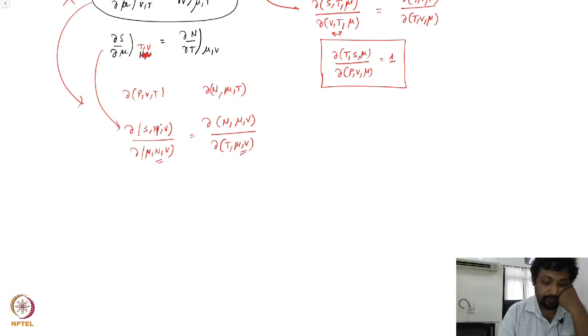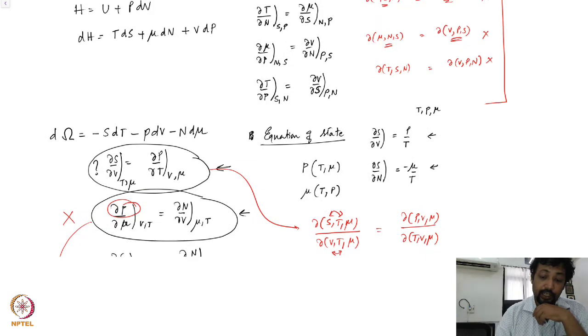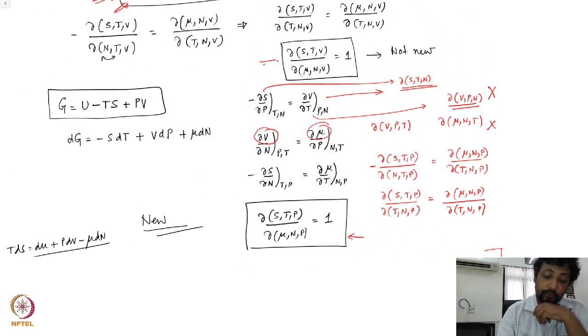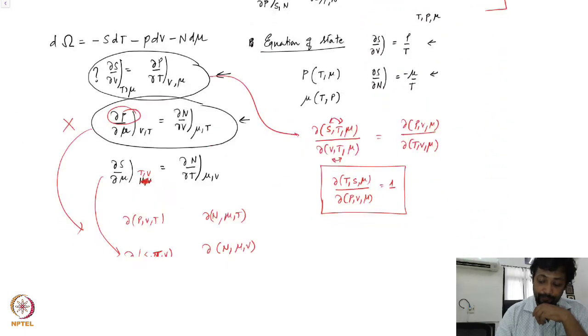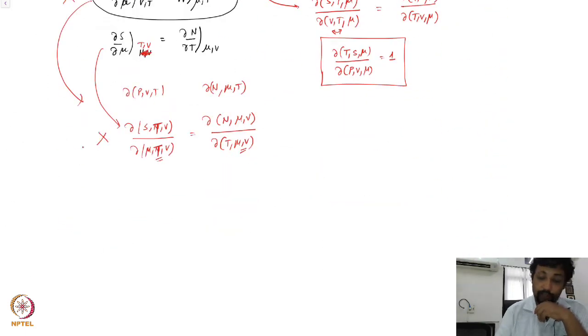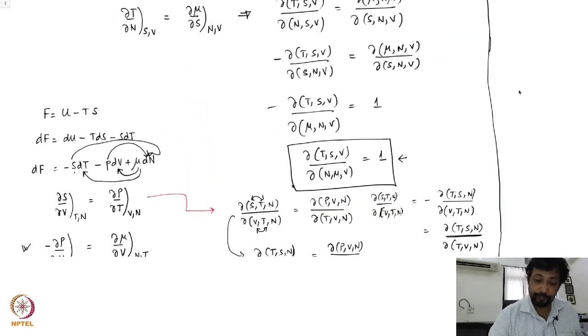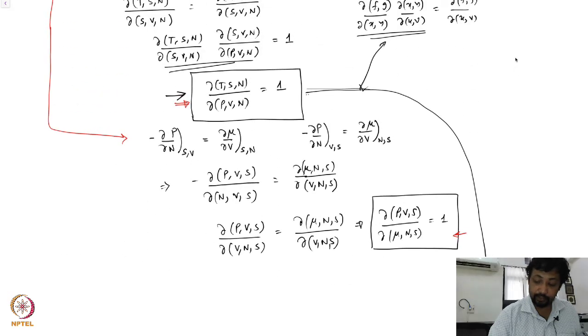Therefore I have S of T V and I have N of μ V, and at the bottom I have μ T V and T μ V. This is fine. So I have to look for a combination of S T V and N μ V. Do I have a combination of S T V anywhere? Look here. Therefore this is no longer new. So finally there are 6 independent Maxwell's relations, and we shall list them together.